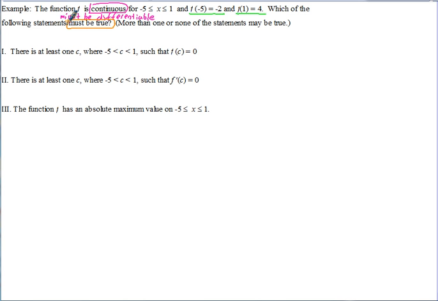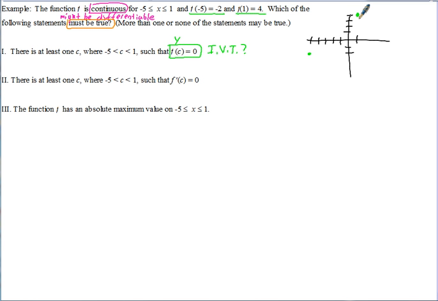Alright, so again, here's the original function with y equal to 0. That's trying to apply the intermediate value theorem. So the easy way to do that is just sketch the graph again. We've got the point -5, -2 on the graph there, and f of 1 is 4. Remember, the only condition on the intermediate value theorem is that the function is continuous, which it tells us.